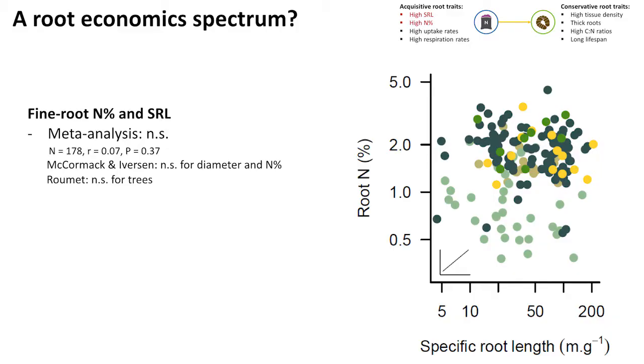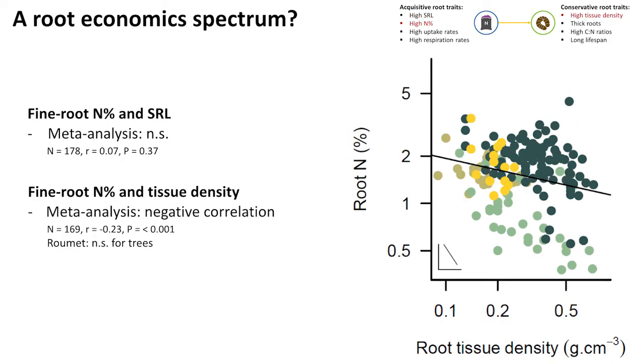Luckily, we had more data on other root traits, and we tested the relationship between fine root nitrogen content and specific root length. We had almost 180 data points, but we found no significant correlation here. We also correlated fine root nitrogen content and tissue density, and here we did find a negative correlation that was in line with the root economic spectrum hypothesis.